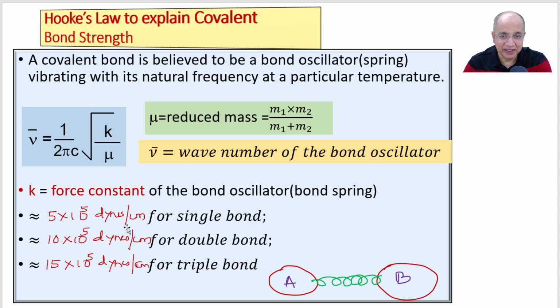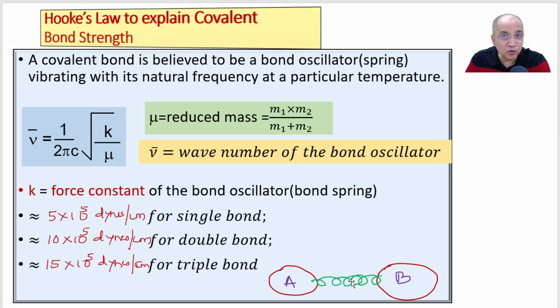Now see, a covalent bond, may it be a single bond, double bond, or triple bond, is taken as a bond oscillator. It is like a spring, either a very light spring or a tough, very stiff spring, and the stiffness of the spring is determined from its K value, the force constant.